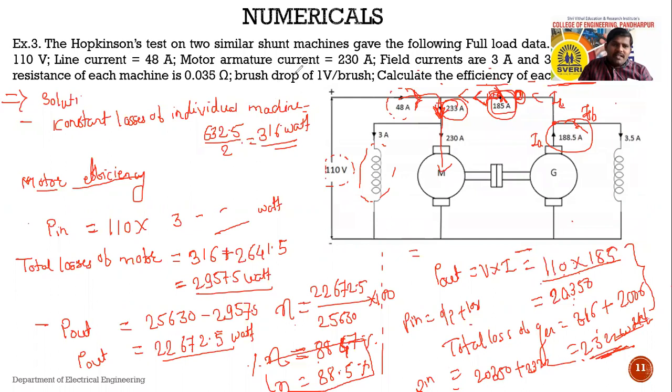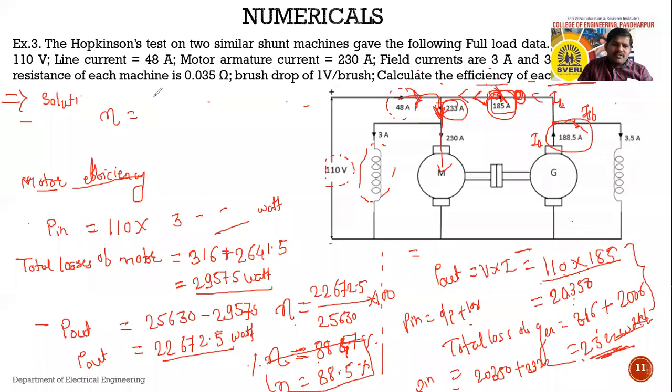And once we got the input power and output power, then we are able to calculate the efficiency. So efficiency, it is equals to P out divided by P in into 100.